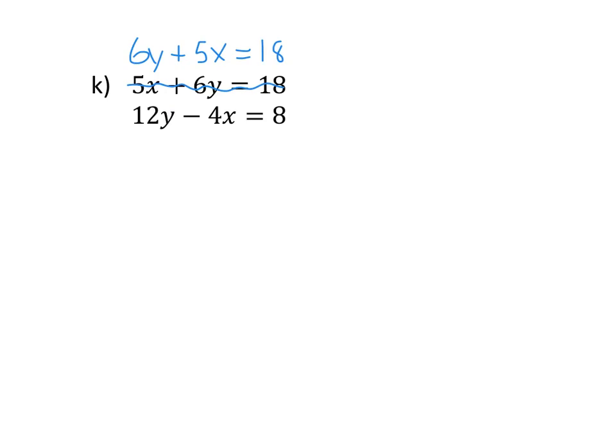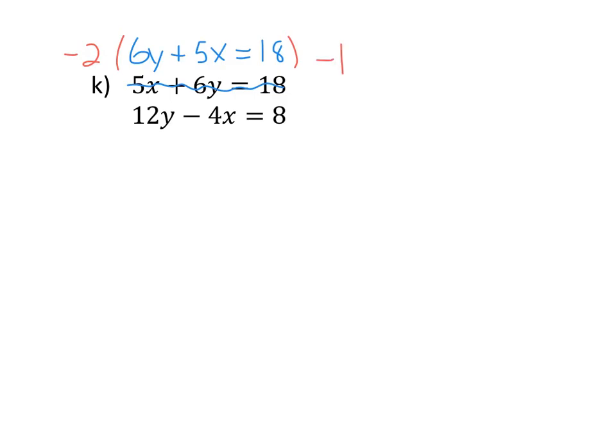Now, I like to always add with elimination, so I'm going to multiply this first equation not just by 2, but by -2, to make this the opposite of 12. Okay. So again, I'm going to multiply my first equation by -2.